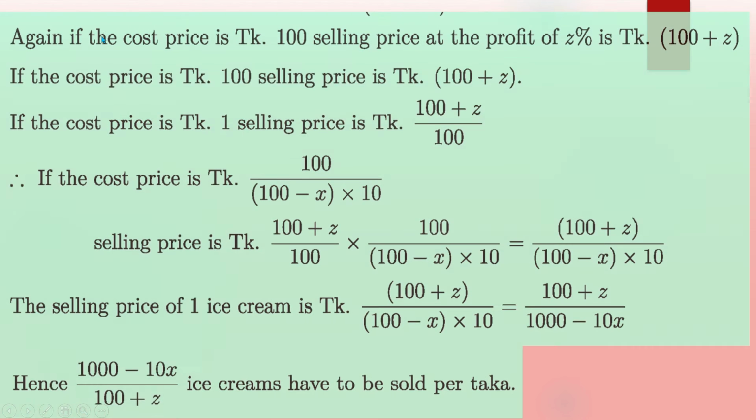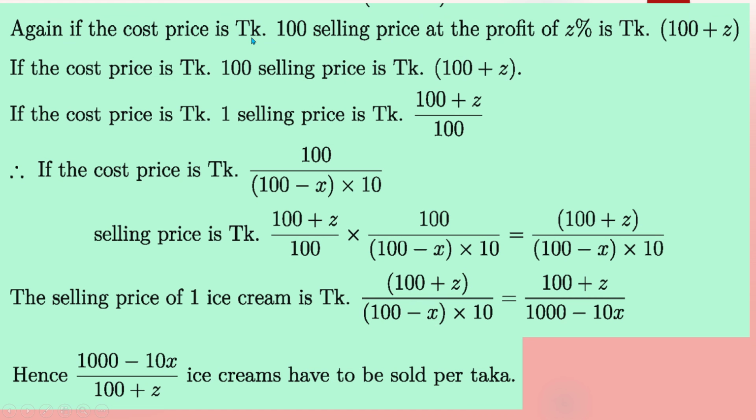Okay, now follow. Again, if the cost price is taka 100, the selling price at a profit of Z% will be 100 plus Z. So for 1 it will be 100 plus Z by 100. If the cost price is taka 100 divided by 100 minus X into 10, then the selling price will be this into this into this. So here 100 cut, we will get 100 plus Z divided by 100 minus X into 10.